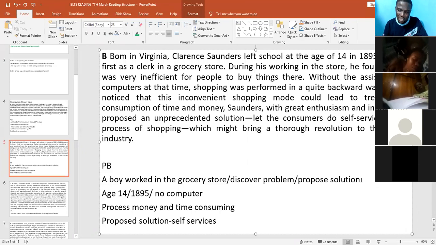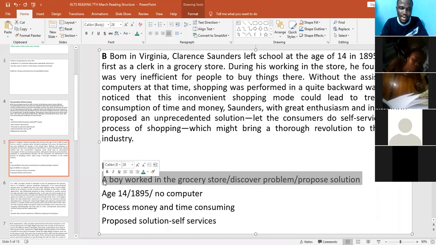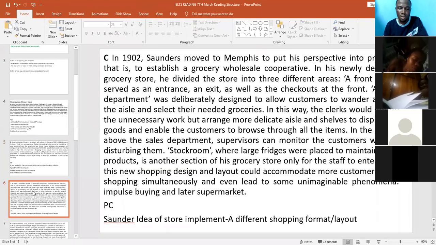But the major thing here, and I'm still repeating it, is the main idea. Now I will take you to the third paragraph. Some people already know what's in it. I want you to pick out the main idea, the key things you need to state down, and send it to me so that I know you have understood the concept.